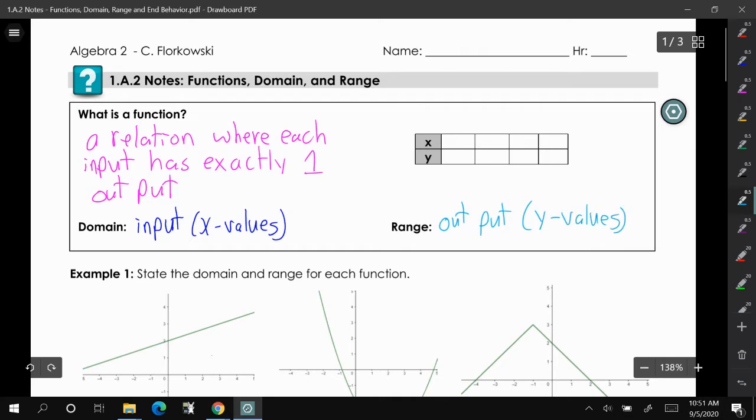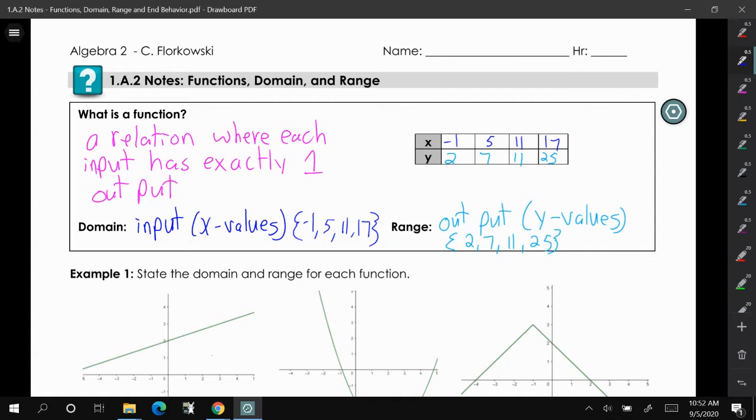So if we look at this table up here, if we just created a function with x values of -1, 5, 11, 17, and then y values of 2, 7, 11, 25, our range would be 2, 7, 11, 25. And our input would be the x values. So -1, 5, 11, 17.